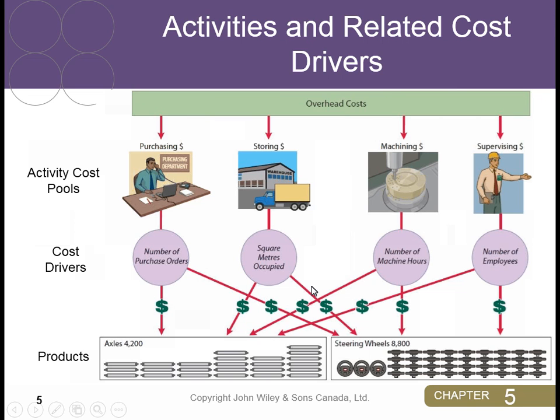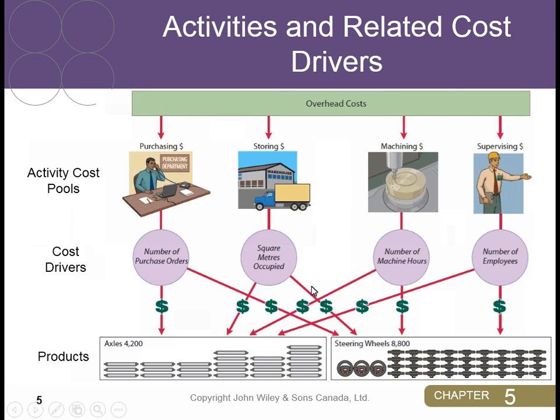So most likely in questions, you'll be given a number of activity pools like purchasing, storing, machining, and supervision. And then you'll be given a number of potential activity drivers like POs, square meters occupied, machine hours, or number of employees. And it's going to be up to you to identify which one belongs with which activity pool.